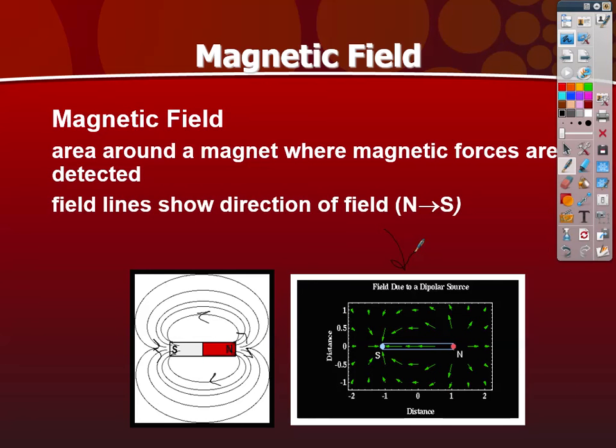I'm going to change color here so we can see it. So compasses always point in the direction of the magnetic field. So compasses actually always point to a magnet's south pole.